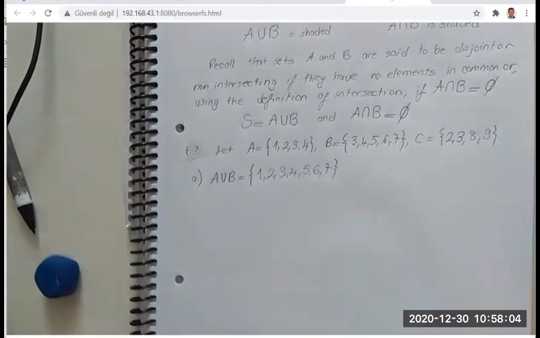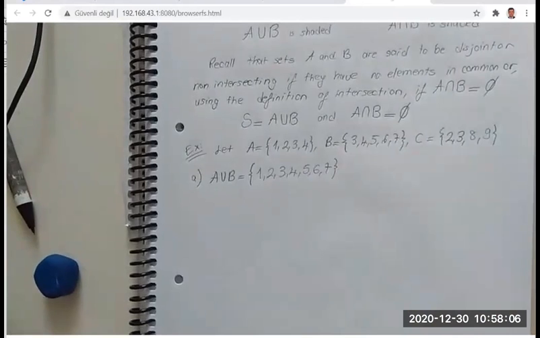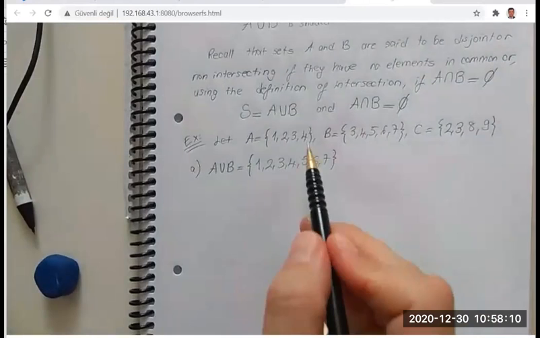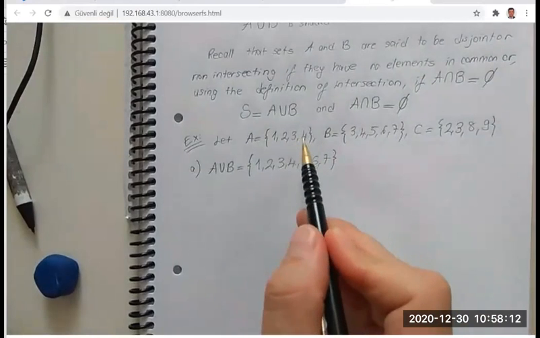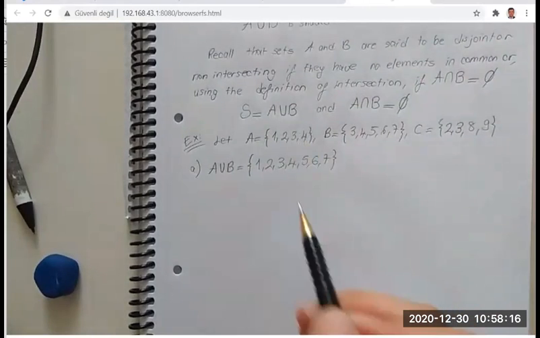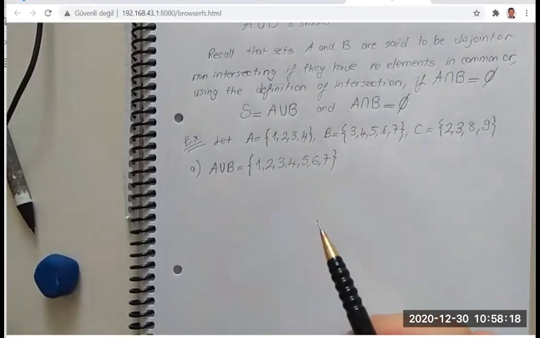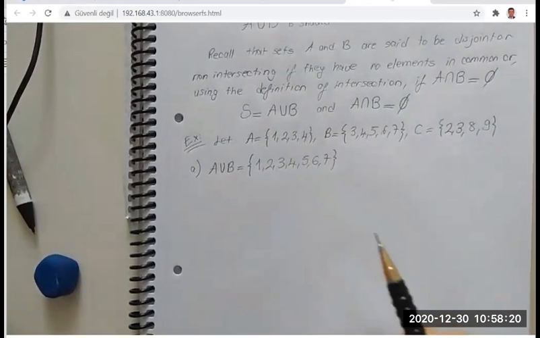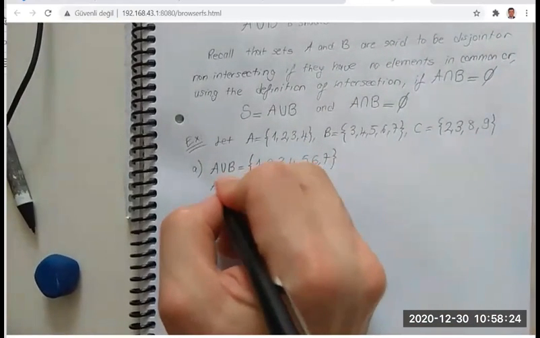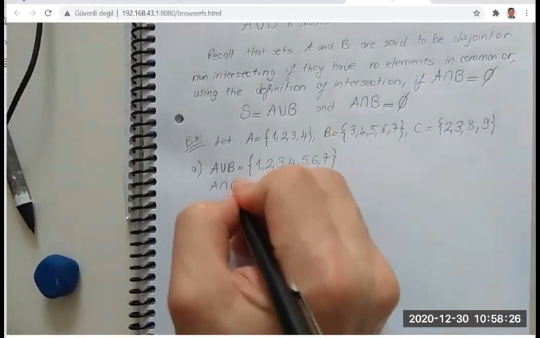So this is the A union B. So I do not write 3 and 4 two times, I just write them one time. And okay, A intersect B.